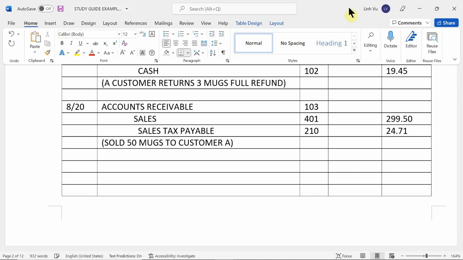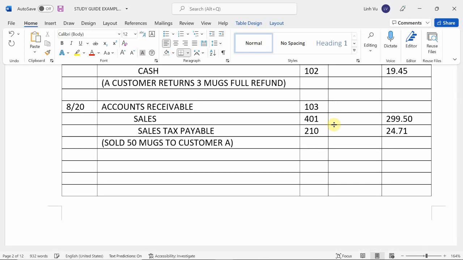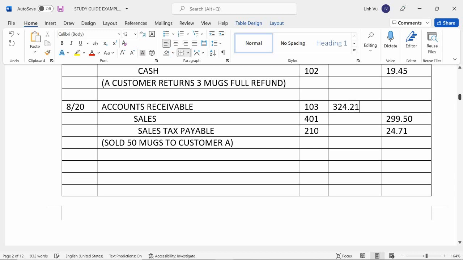Okay, so that means in grand total, how much does this customer owe me? $299.50 plus $24.71 gives me a grand total of $324.21. Okay, so let's see.